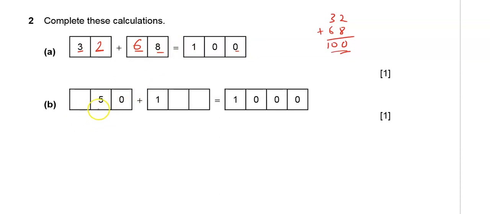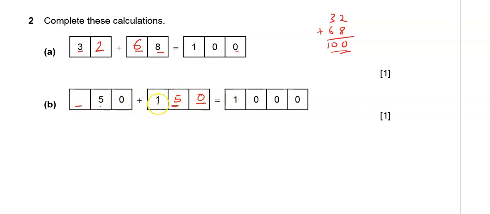Part B. What number do you add to 0? 0 plus whatever number to give us 0. That number is 0. Now, what number do you add to 5 to get 0, which is 10? That should be 5. So 5 plus 5 gives us 10. Therefore, that 0 goes there. Then we have 1 here, and we have a number that we should add here to give us 10.